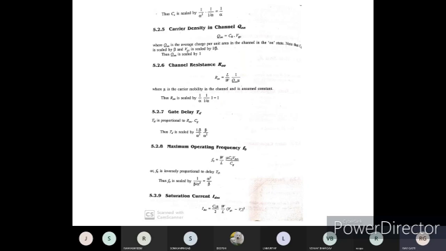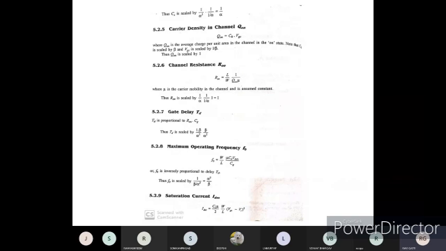Next, channel resistance. The channel resistance R on is L divided by W into 1 divided by Q on into mu, where mu is the mobility of the charges, and it is assumed to be constant, so for the constant value we take alpha equal to 1. L is 1 by alpha, W is 1 by alpha, and Q on we just calculated is 1.